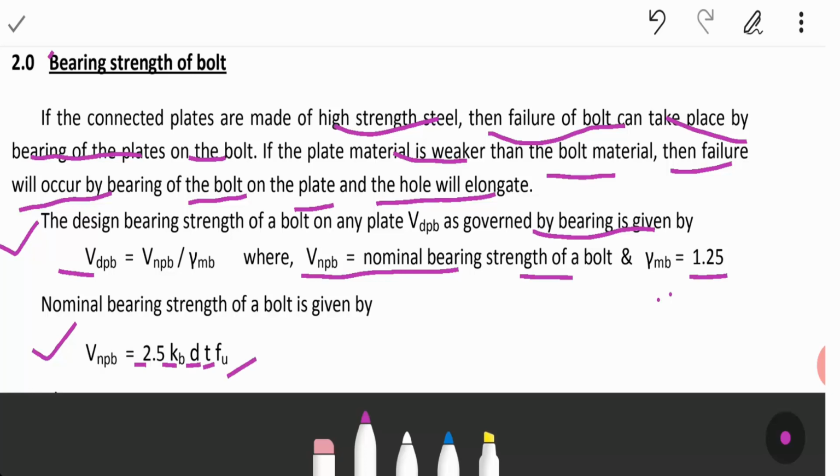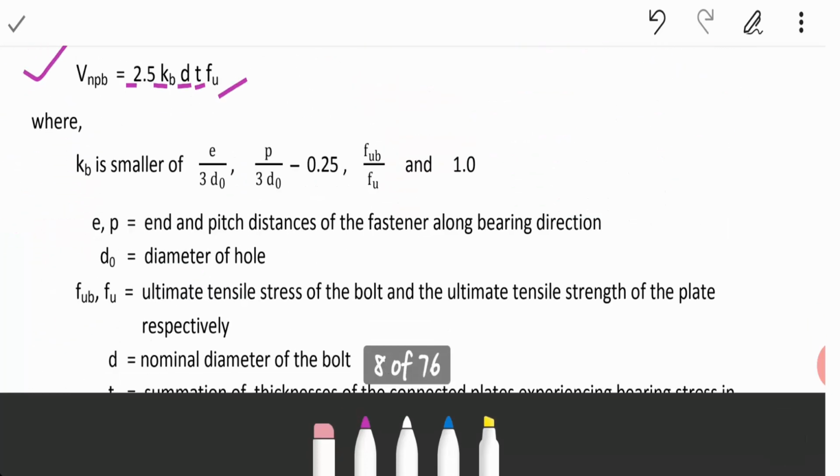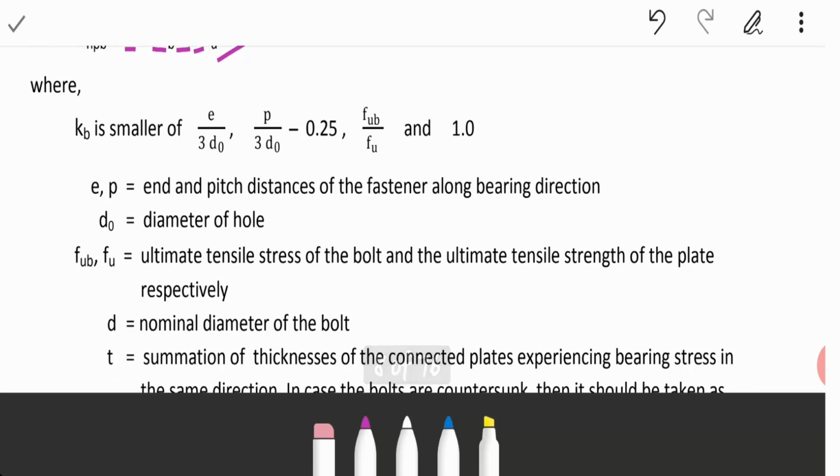Okay, where kb is smaller of e/(3d0), p/(3d0) minus 0.25, fub/fu, and 1, whichever is smaller in this value.